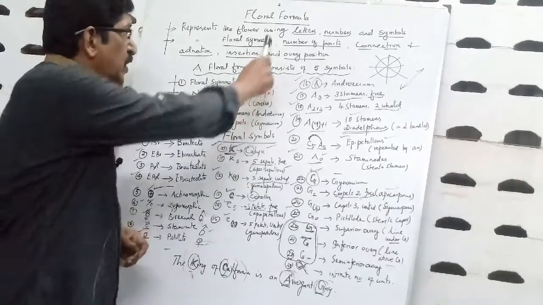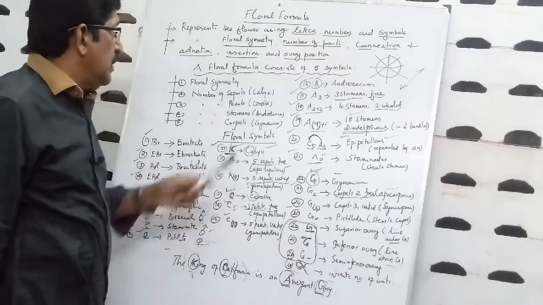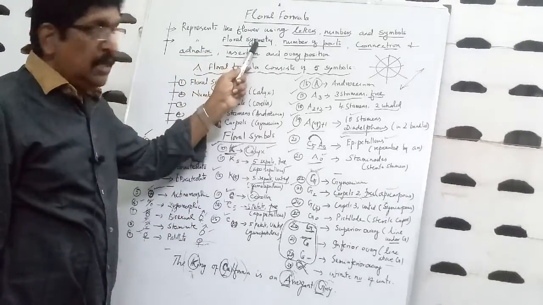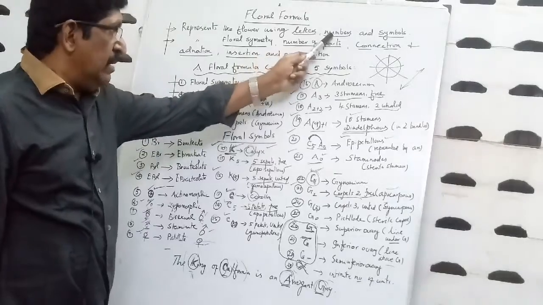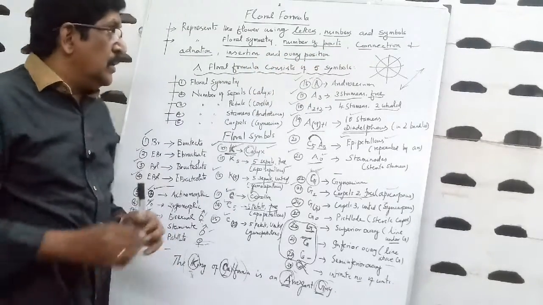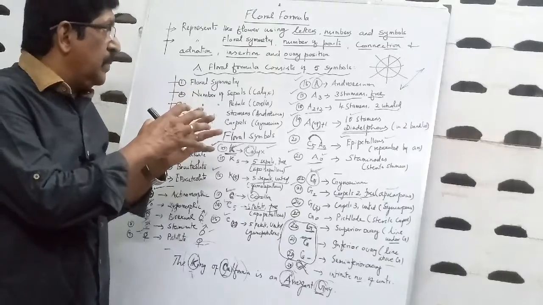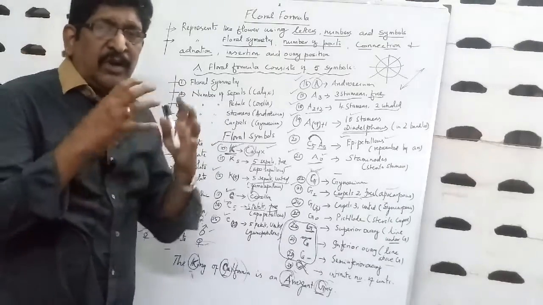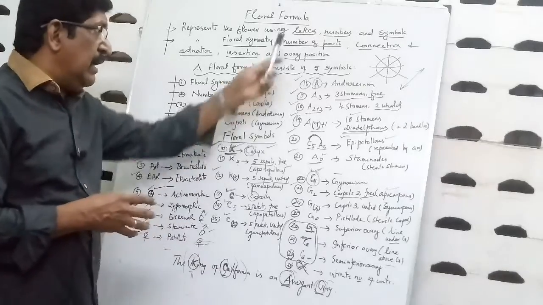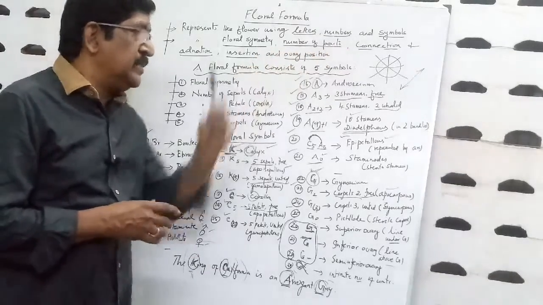So what do you mean by the floral formula? The floral formula represents the flower using letters, numbers and symbols.